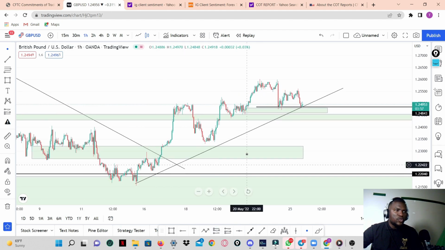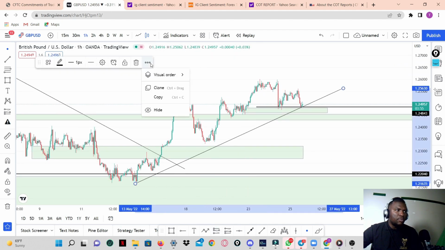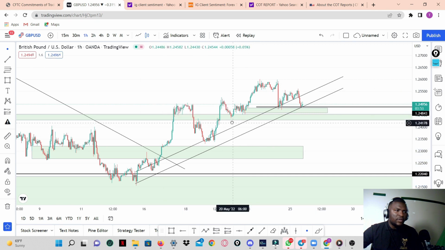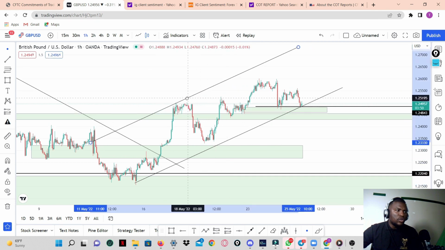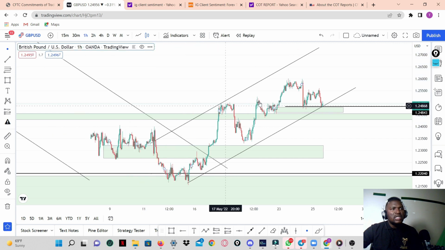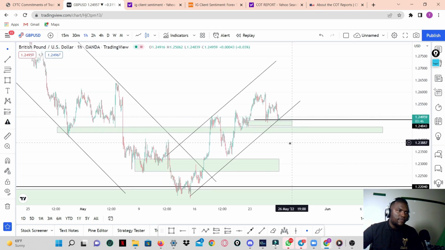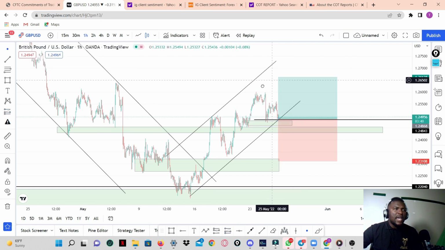You can spot that the market is looking bullish to the upside for the next coming move. So GBP USD, it's a buy, guys. For me, GBP USD is a buy because the structure right now confirms a buy.